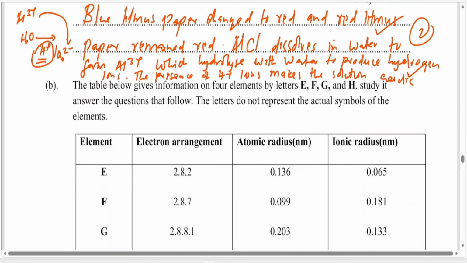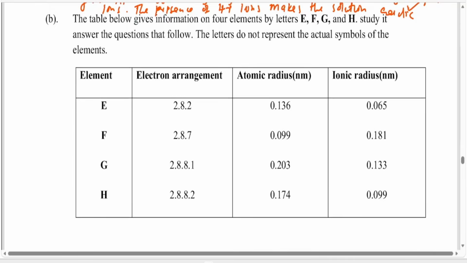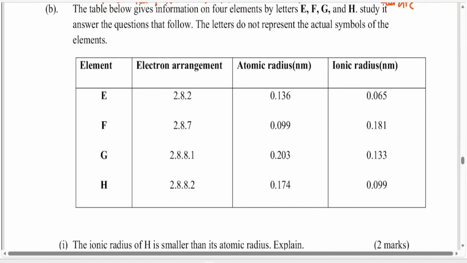Part B of question number 4. The table below gives information on 4 elements by letters E, F, G, and H. Study it. Answer the questions that follow. The letters do not represent the actual symbols of the elements.